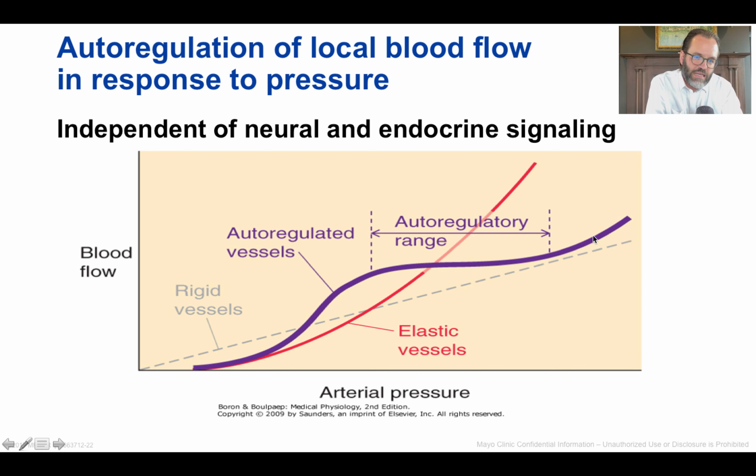If you exceed this range, you'll start to have this uptick in flow again. But when we're looking at regions like the brain circulation, for example, what you don't want is a totally linear relationship between blood pressure and blood flow, because should you have an acute stress response and an increase in pressure, you want to be able to maintain and match blood flow and nutrient supply to the brain, and not overperfuse the brain, since that would result in profound changes in pH in the brain.